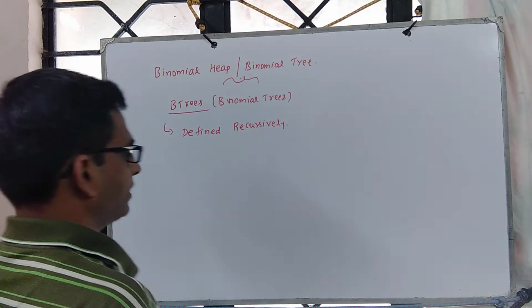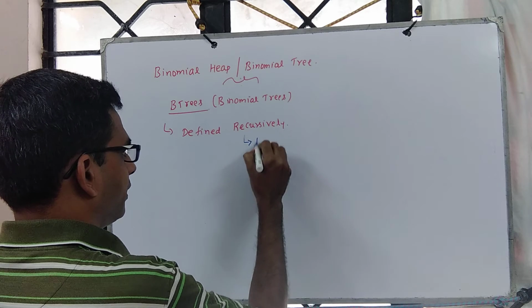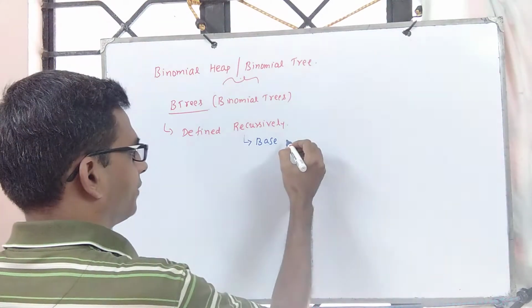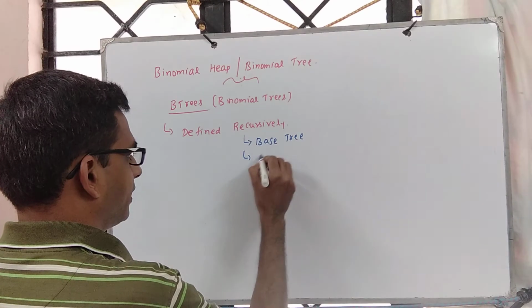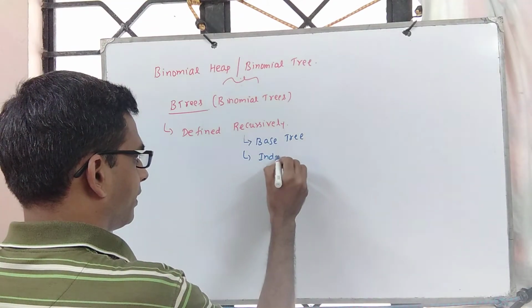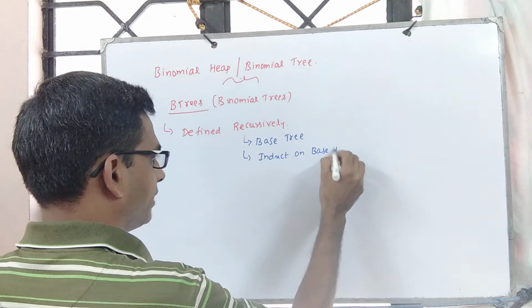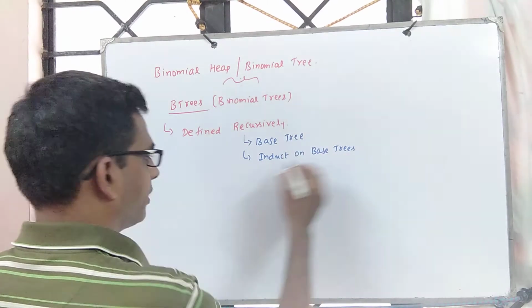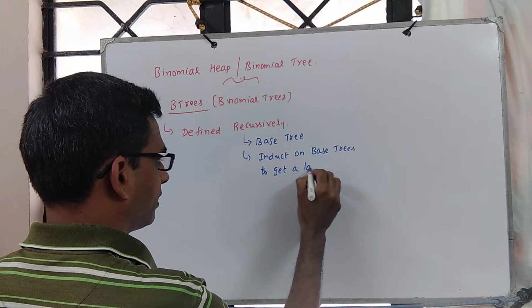You have a base tree or a base structure using which you induct and then construct some more on top of it. So you have a base tree and then we induct on base trees or structures. So induct on base trees to get a larger B tree.